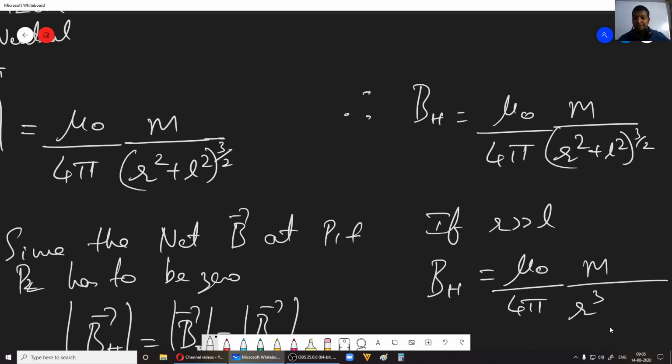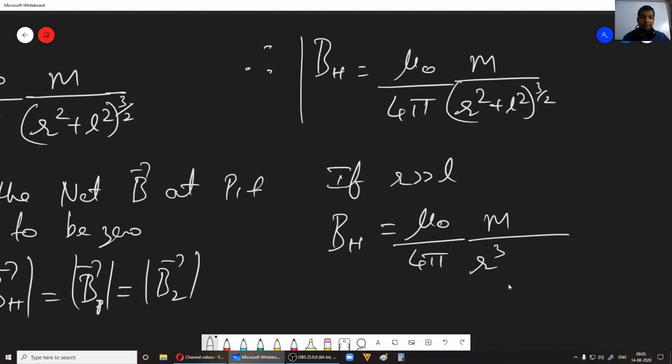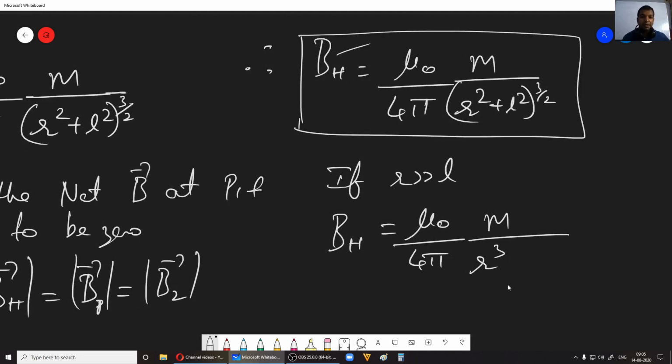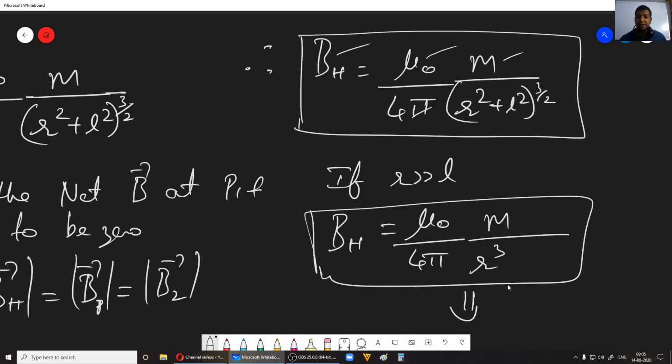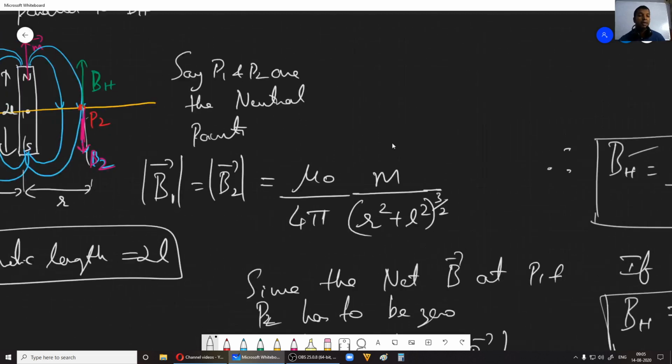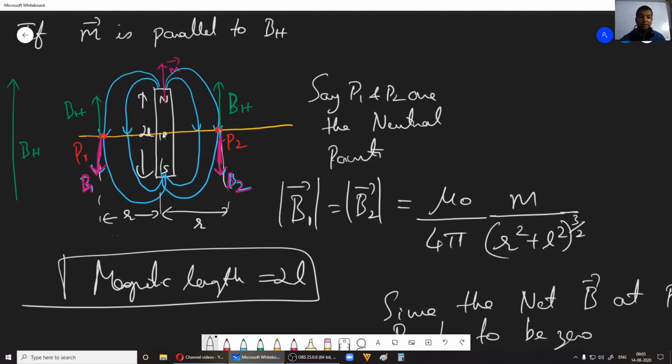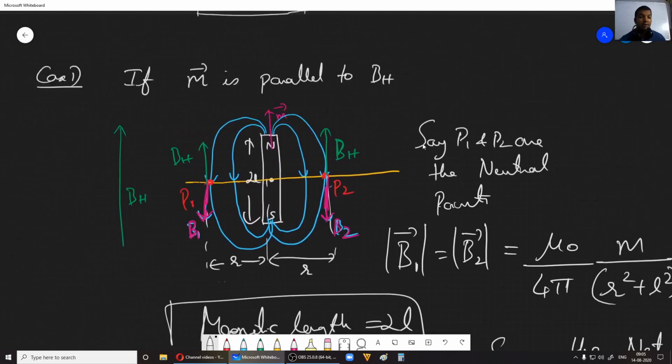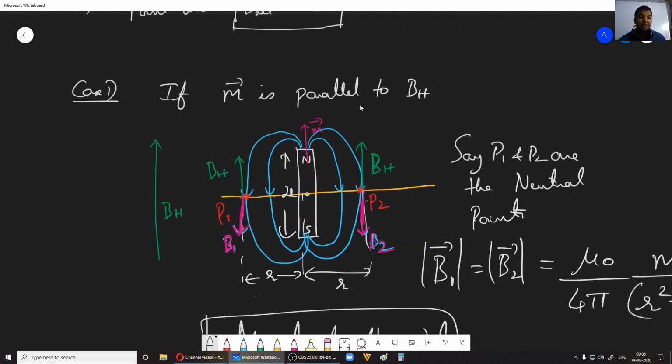You need to know the value of BH at that place; if you know BH, mu naught by 4 pi, and m, and l we can measure, you can finally determine R. So from these two expressions you can determine R, which gives the location of the neutral point from the center of the magnet. This is how we can find neutral points if M is parallel to BH.